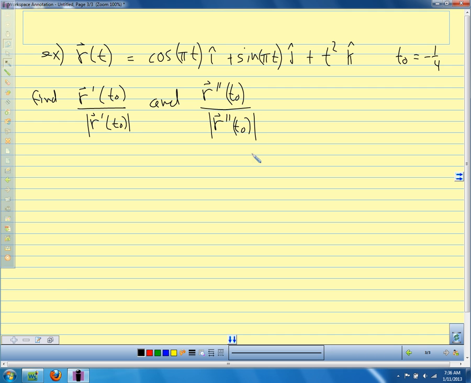So if we were thinking of r as a position vector, how would we interpret r prime and r double prime? Velocity and acceleration. So if we're finding r prime over the magnitude of r prime, what are we looking at?